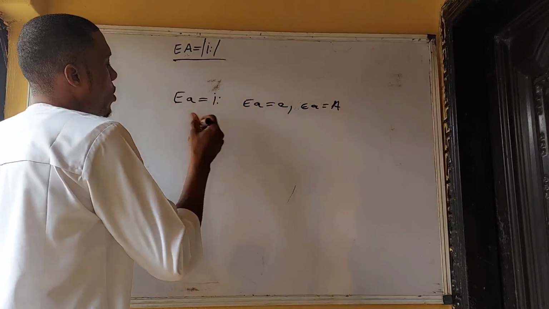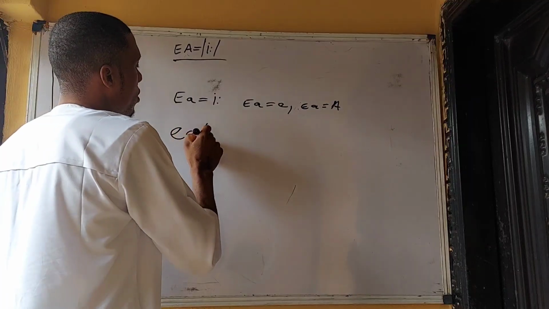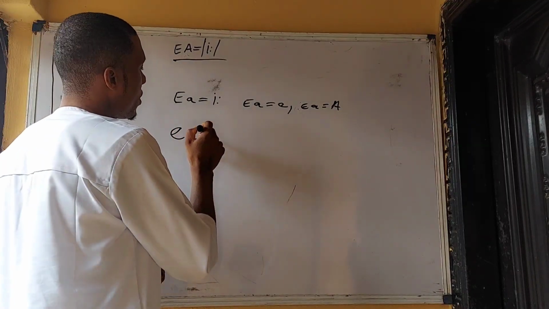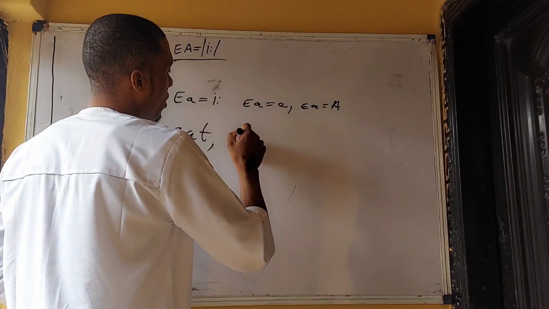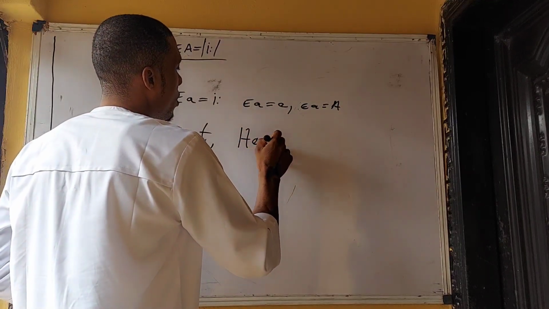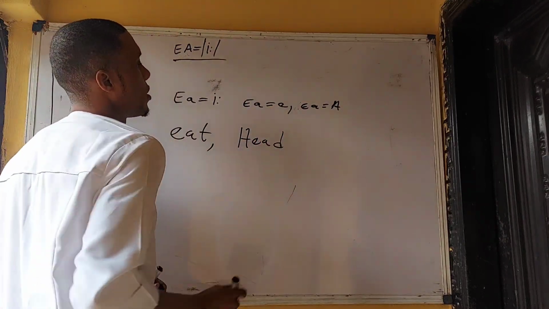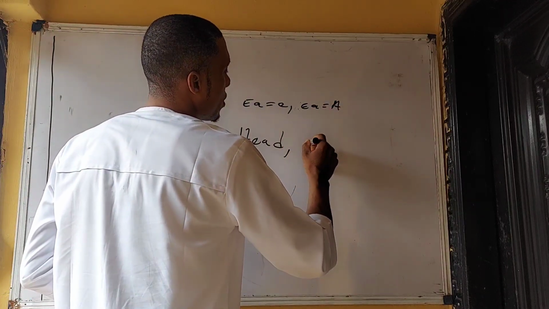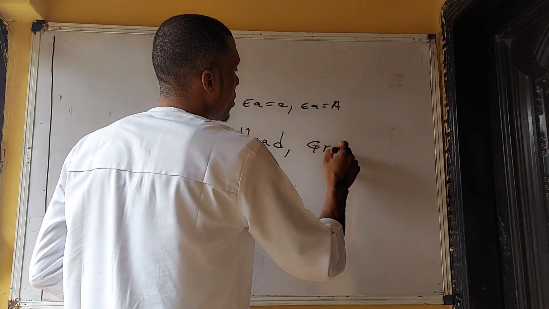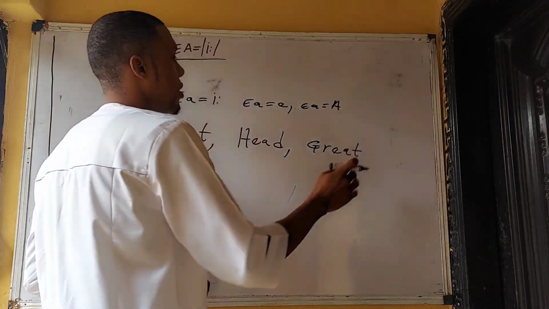E.g., we have this to be eat, taking the E sound, and EA taking the air sound, we have this to be head, and EA taking A sound, then we have this to be great.